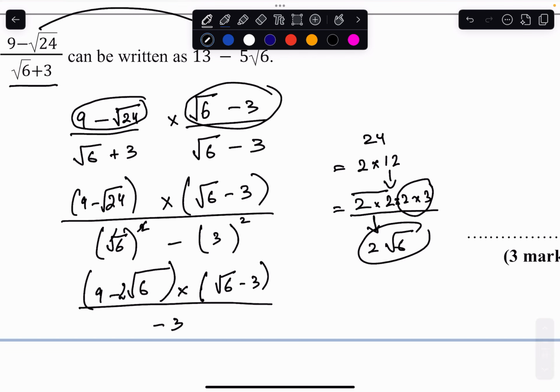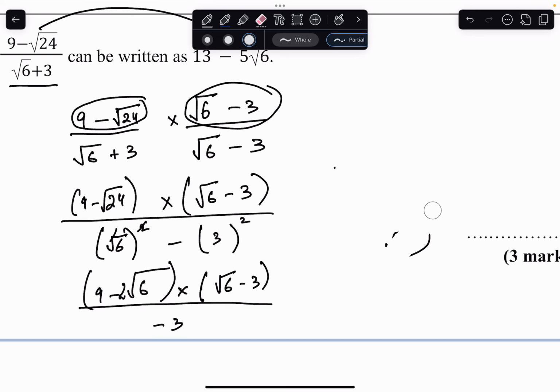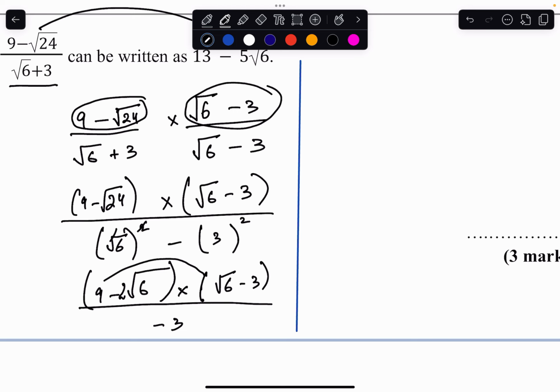I am deleting from here so that I can do the remaining question on this side. This multiplied by this, 9 root 6. This multiplied by this, 9 times 3 is 27.